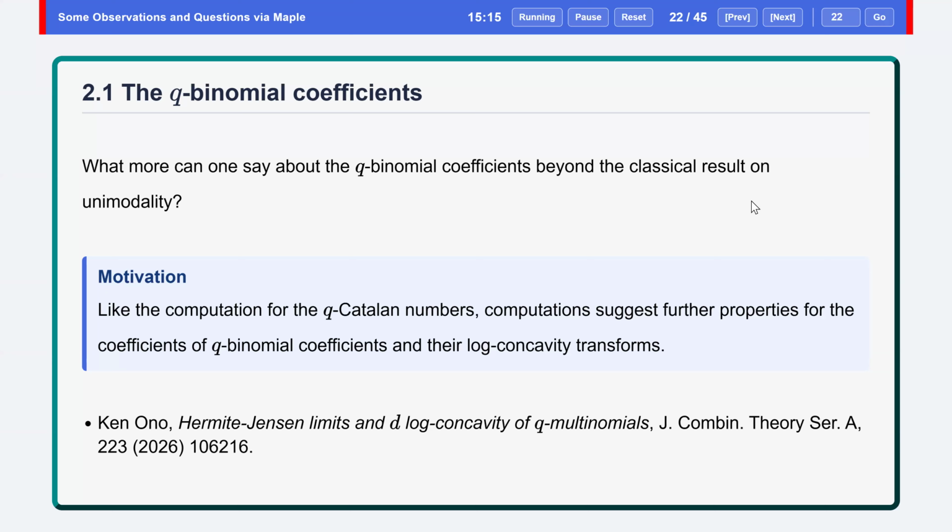Like the computation for the q-Catalan numbers, computation suggests further properties for the coefficients of the q-binomial coefficients and their log-concavity transforms. And Ken Ono has a recent paper on the log-concavity behavior of the q-binomial coefficients.